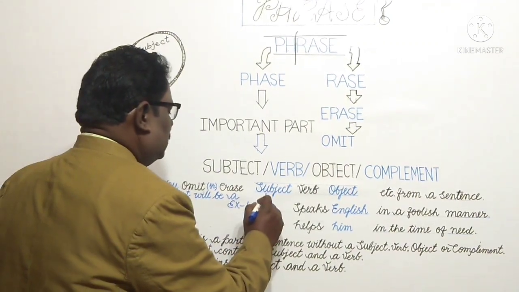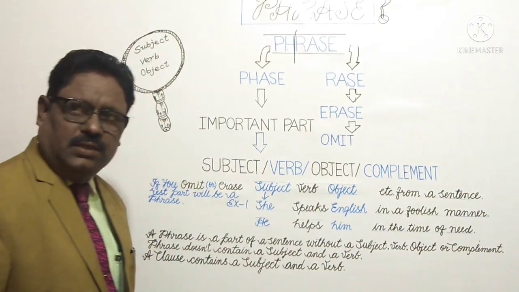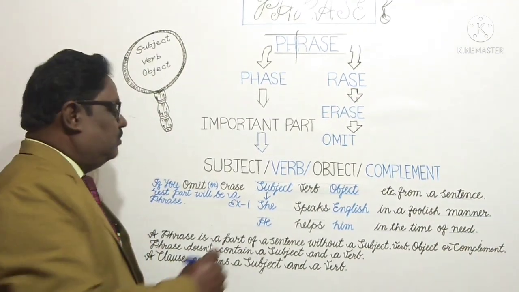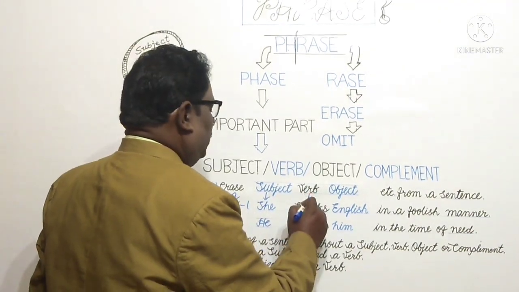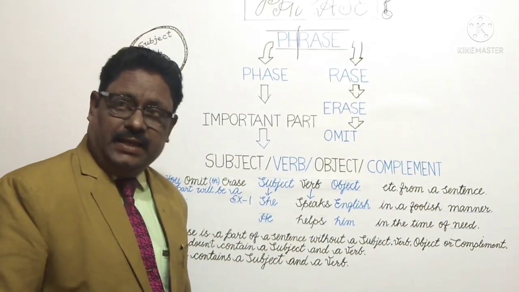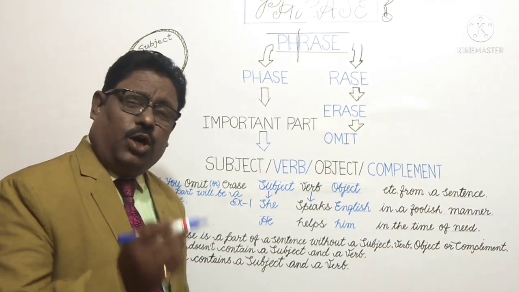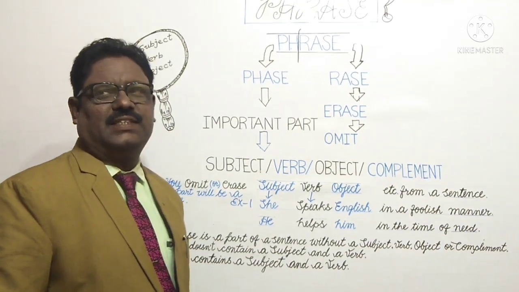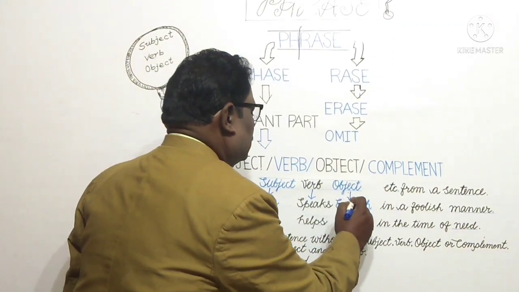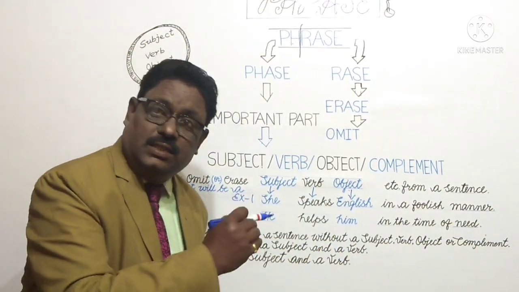What is subject? Subject is she. And what is verb here? Verb is speaks. And what is object in this sentence? English is the object in this sentence.